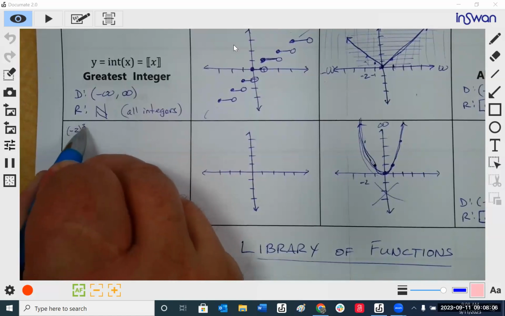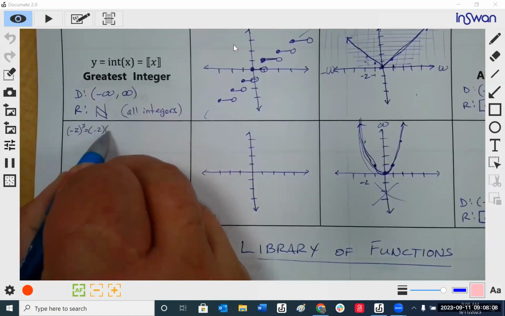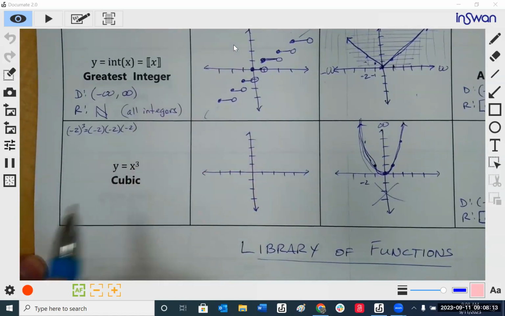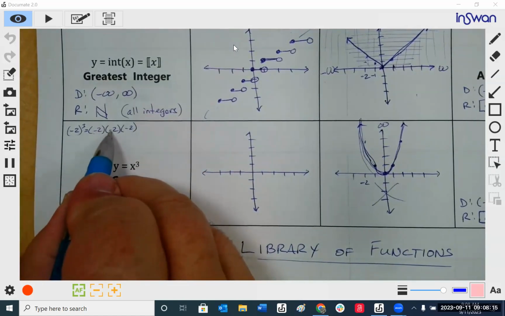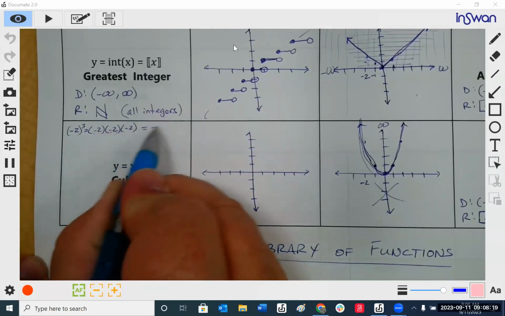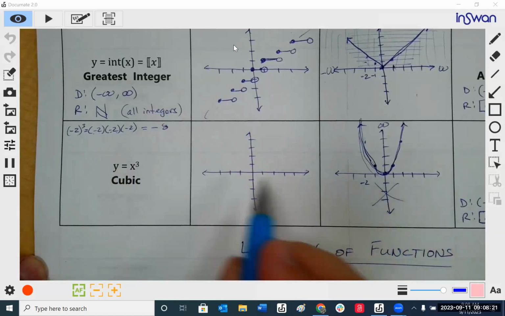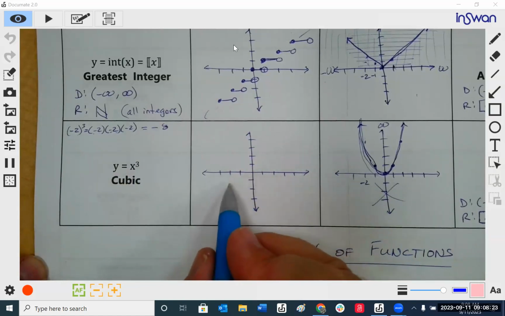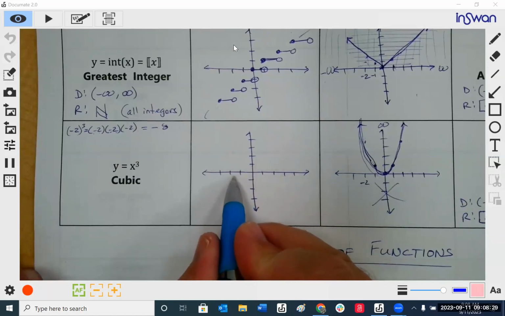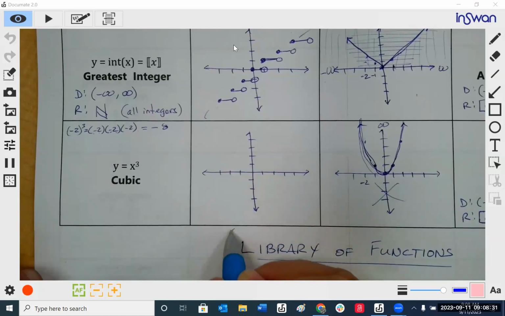Negative 2 cubed is negative 2 times negative 2 times negative 2. Negative times negative is positive, times negative is a negative. 2 times 2 is 4, times 2 is 8. So when x is negative 2, y is negative 8, all the way down here.